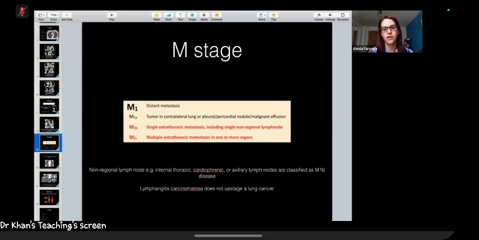Now, what do we mean by a non-regional lymph node? A non-regional lymph node is an internal thoracic lymph node, a cardiophrenic lymph node, or axillary lymph nodes. All of these are non-regional, and they are classified as M1B disease as per the TNM stage. If you have multiple extrathoracic metastases in one or more organs, that would be an M1C stage.